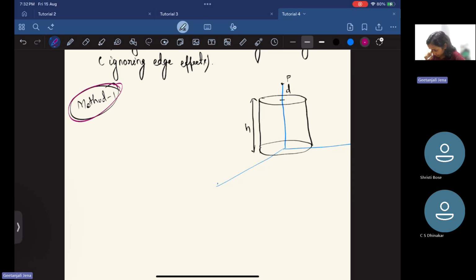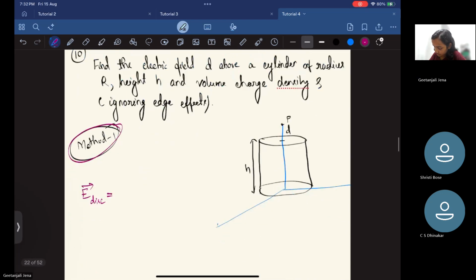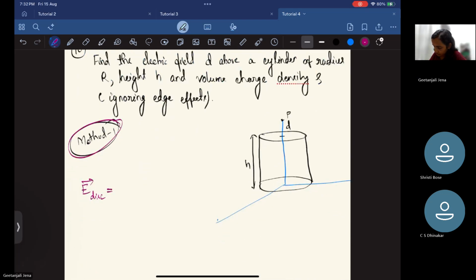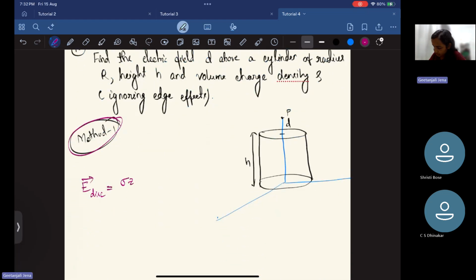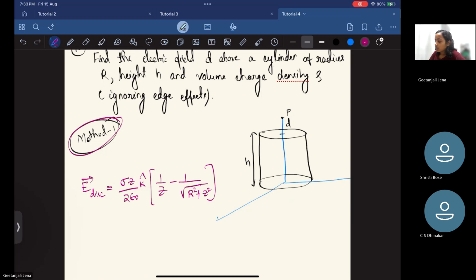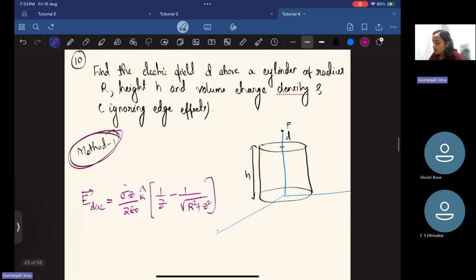So for method 1, you have the electric field for the disk. This is sigma z by 2 epsilon naught, k cap, 1 by z minus 1 by square root of r square plus z square. But one thing you can notice is we don't have sigma here.